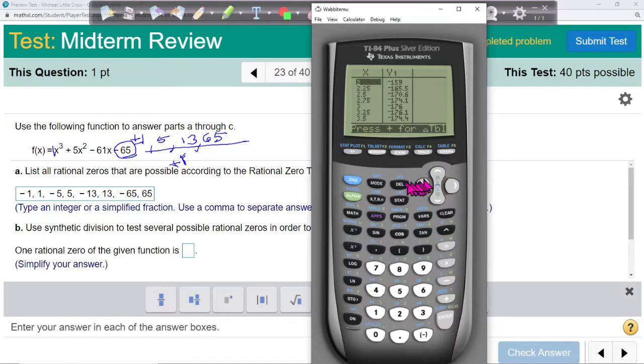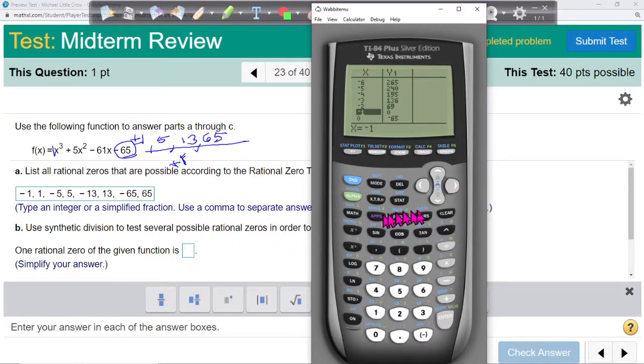Let's look at our table here. Let's set this at negative 13. We'll go to 1. Change them by 1s. So when we come to the table, what we're looking for is where do we get zeros? None here. Not at negative 5. At negative 1, we certainly get 0.